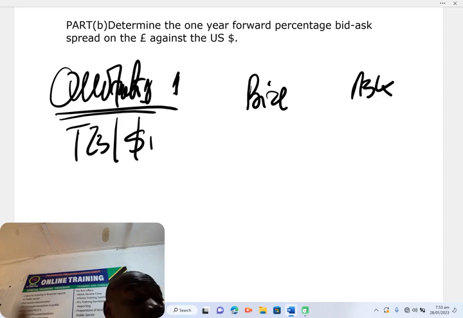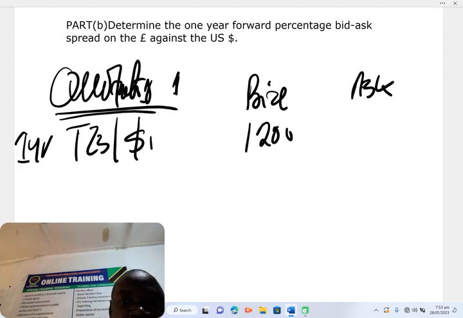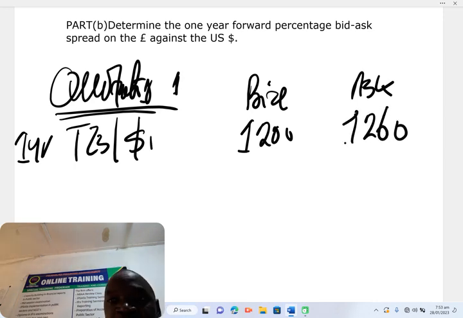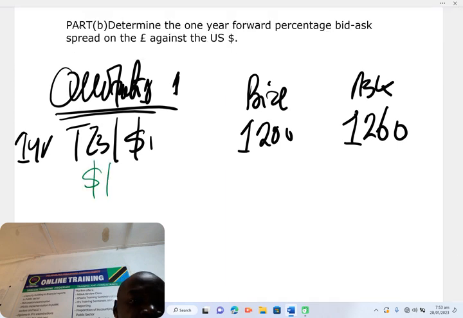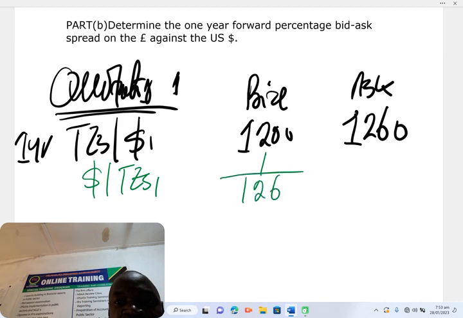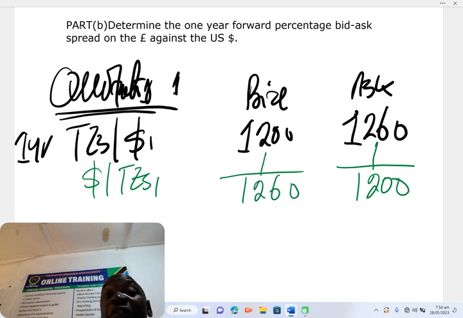And this quotation must be 1 year forward, isn't it? So 1 year forward, this is 12, isn't it? And then this is the way it works. Am I clear? Conversely, you can have dollar stroke TZS: 1 over 1260 and 1 over 1200. That is the first quotation.